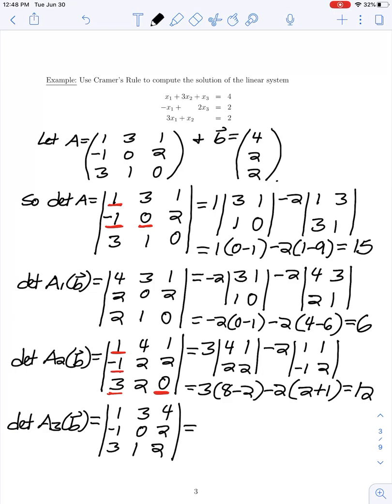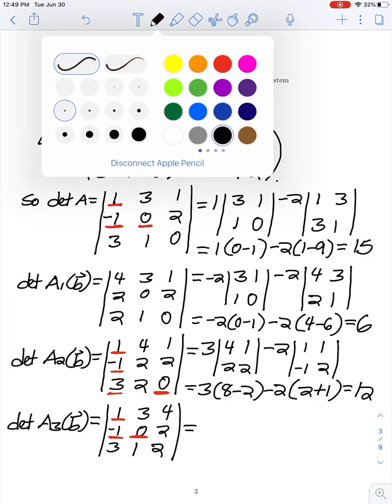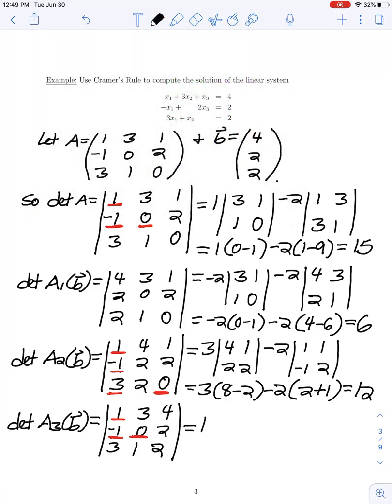So using a cofactor expansion, maybe along my second row again, since we see that there's a 0 entry there, we would have, for our sign, starting with the positive, then the negative of negative 1. In that second row gives us a positive 1 times the determinant of 3, 4, 1, 2.